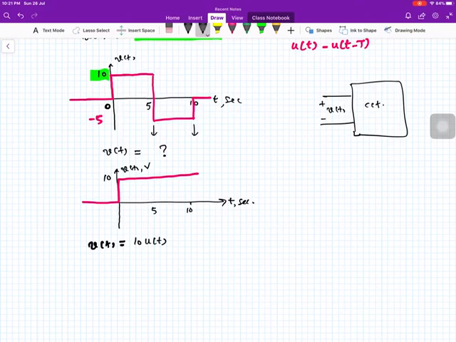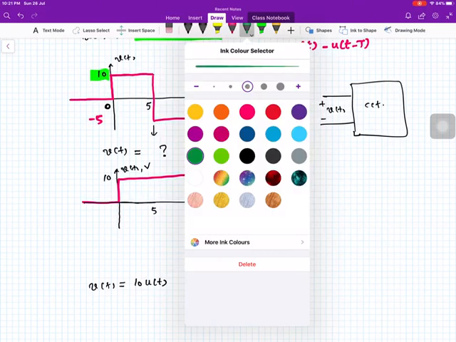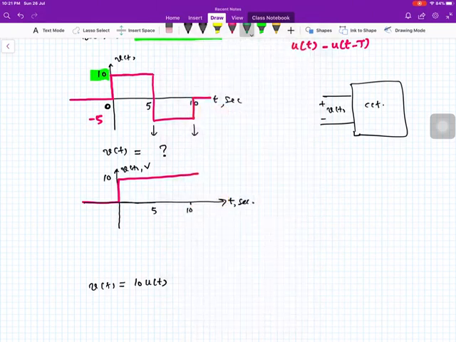Now consider another step function which is like this at 5, and I'll show it in green color. This is 5 and this is minus 15.